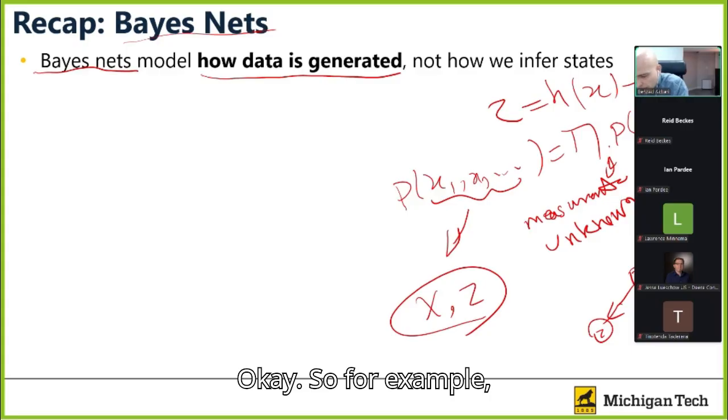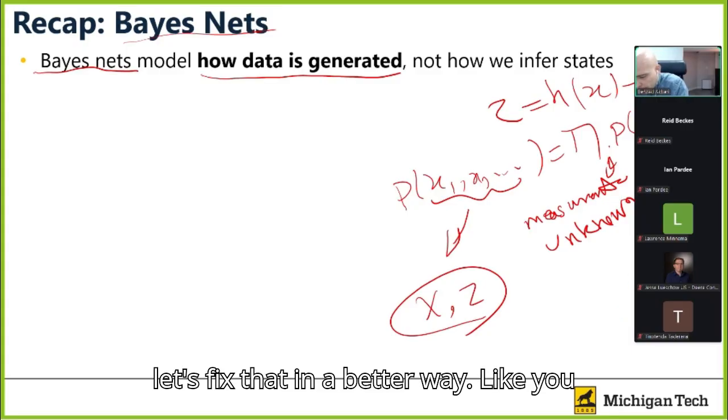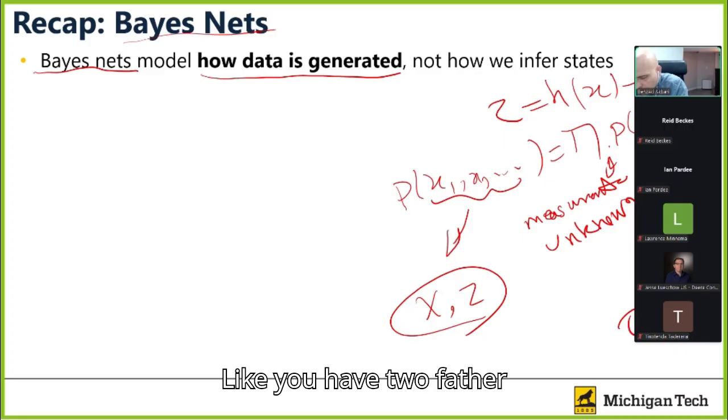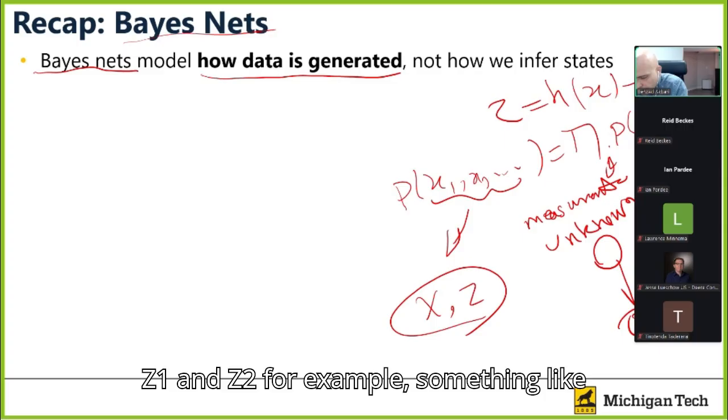So for example, you have two parents, and x is from z1 and z2, for example, something like that.